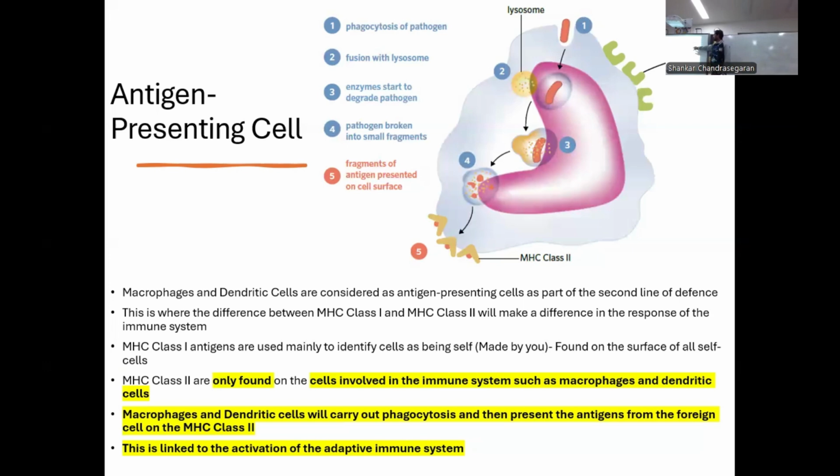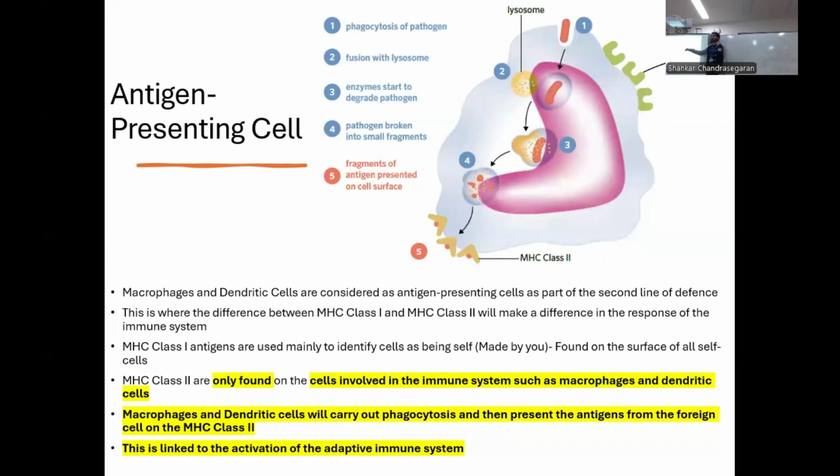But certain immune cells, like your macrophages and your dendritic cells, also have a second marker called the MHC class 2 marker. This marker is specifically for presenting antigens to other immune cells, right? This will later come in very handy and it's part of the adaptive immune response.